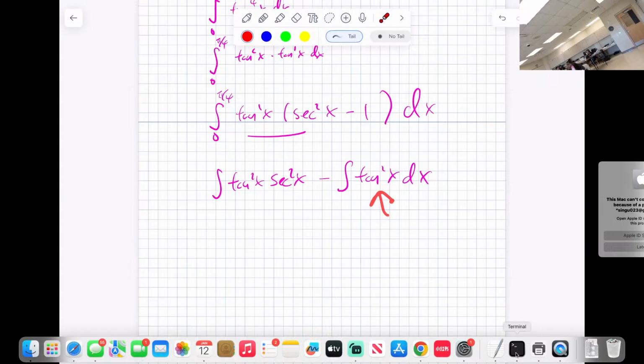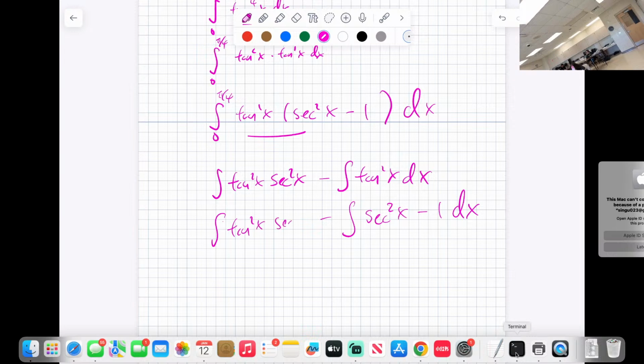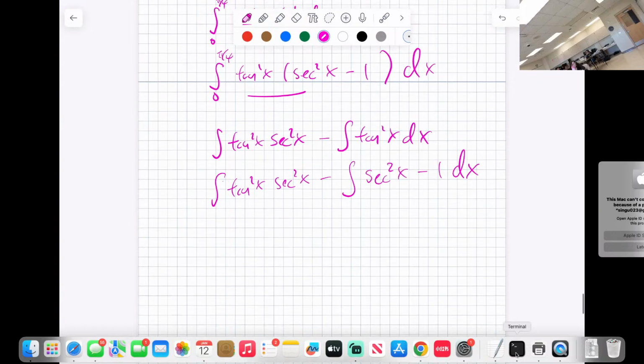Can I do something else? Sine square over cosine, no. Does that make sense? So then what is here? Secant square of x, and this is tangent of x, right?